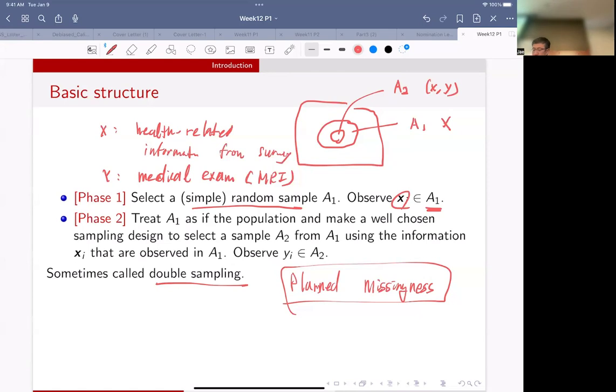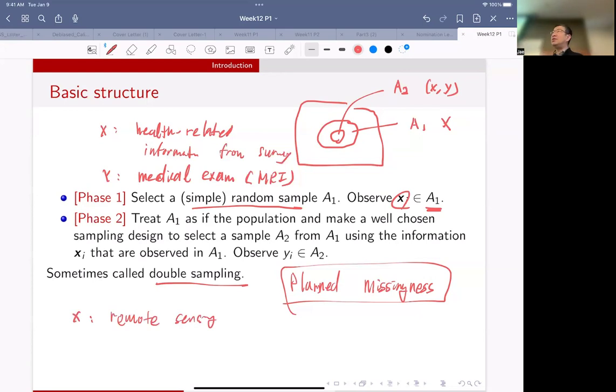So that is a reasonable thing to do. Another example is in forestry or NRI, where X is satellite image information or remote sensing. You don't measure it directly; you just observe it from outside.